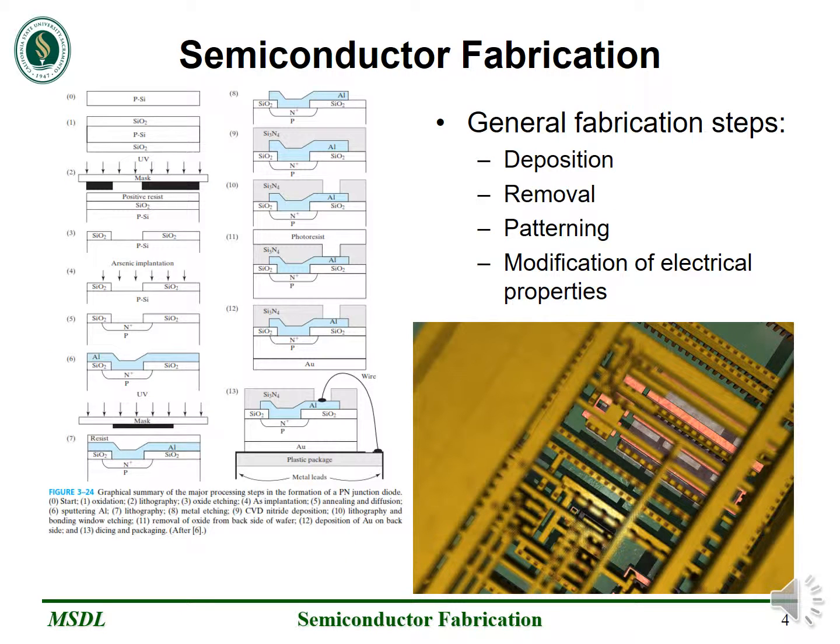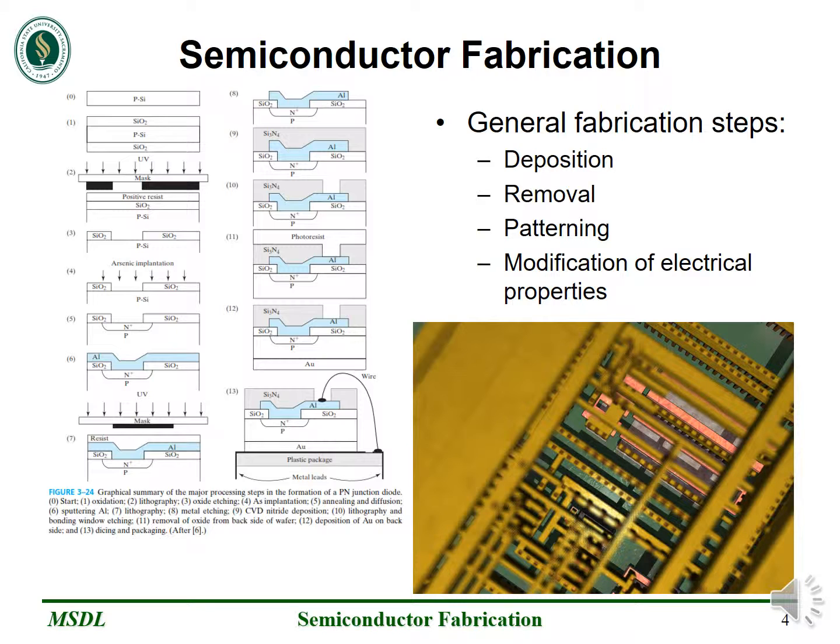The figure here shows a graphical summary of the processing steps in the formation of a p-n junction diode, starting with a p-type silicon wafer until the chip is packaged.